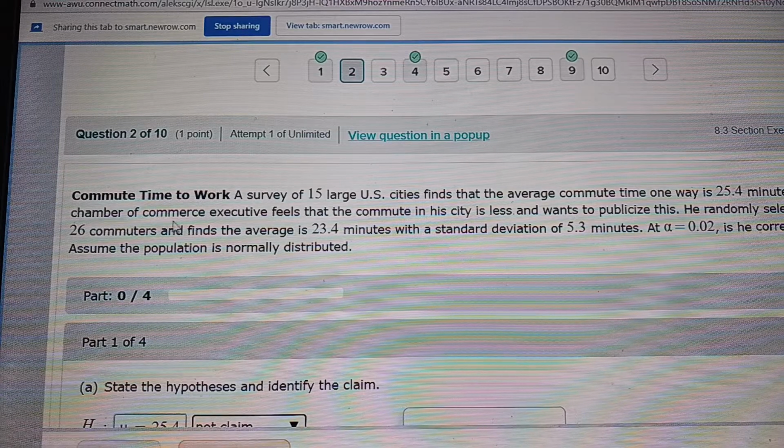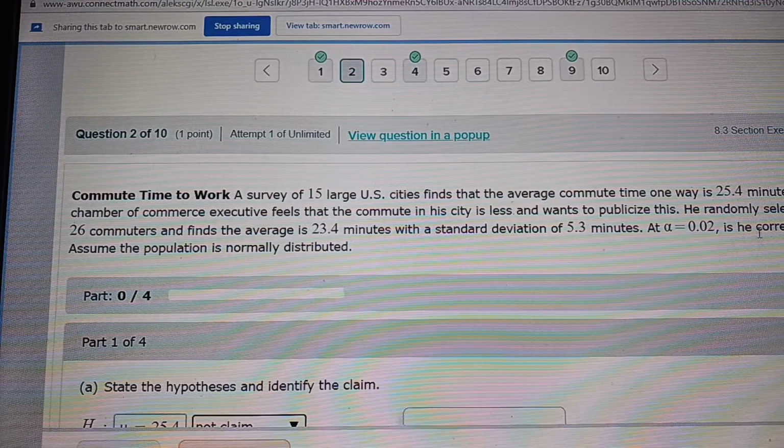So that's what this executive, he or she, it doesn't say, thinks: that it's not this anymore. So when they suspect that this isn't right, they go out and do it. It does say he right here. So he goes out and selects his own random sample and gets a sample mean, in this case, a sample standard deviation.